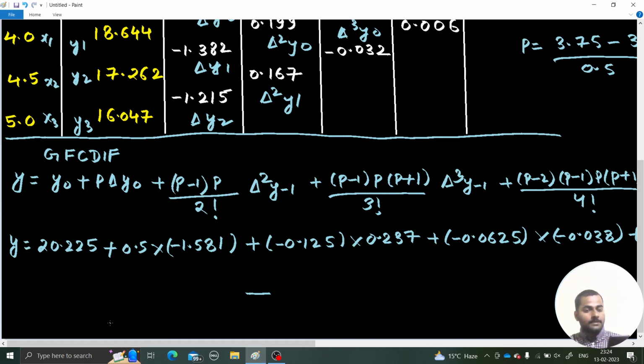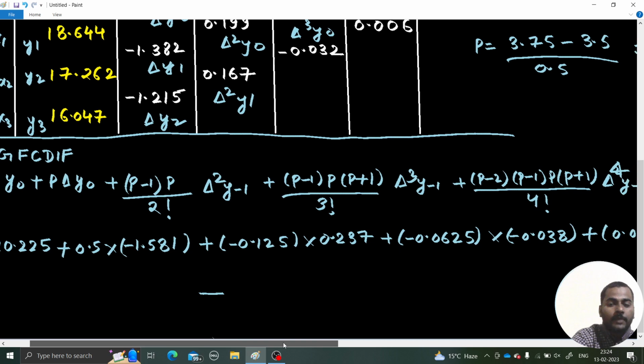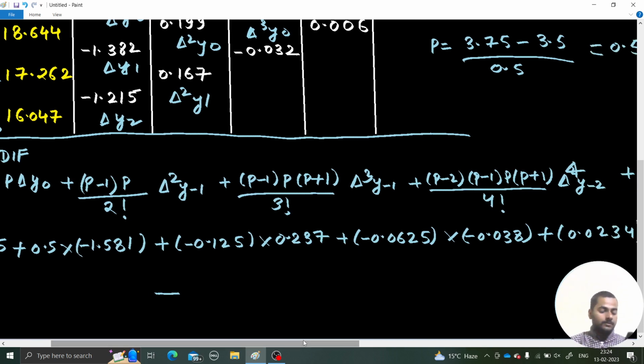20.225 plus, although it's minus, 0.5 into 1.581. Whatever result is obtained, in that, minus minus minus, so minus 0.125. Sorry, I just had a minus sign, okay, because only these two are multiplied, 0.125 and 0.237.